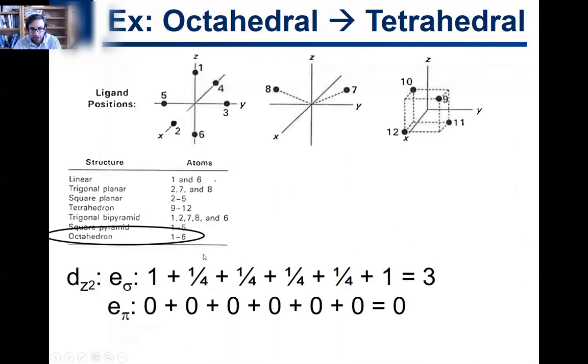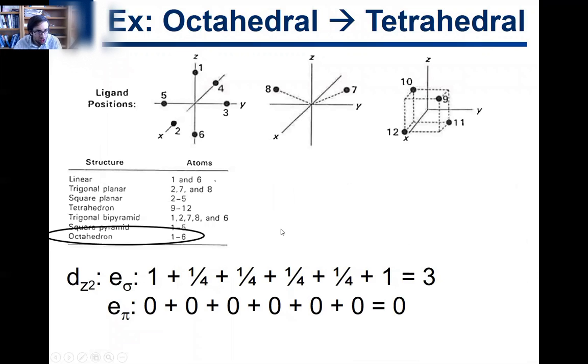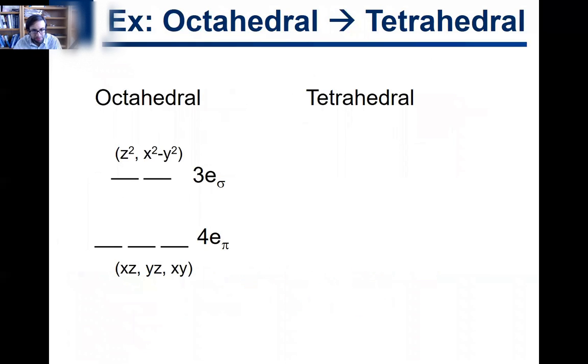Then we do the same thing with E pi, and you can see dz squared actually cannot do any pi bonding in any of these positions, so it gets zeros, and so that gets 0 E pi. So overall, the energy of a dz squared orbital in octahedral environment is 3 E sigma. You can go through this and figure out for x squared minus y squared, the energy is also 3 E sigma, right?